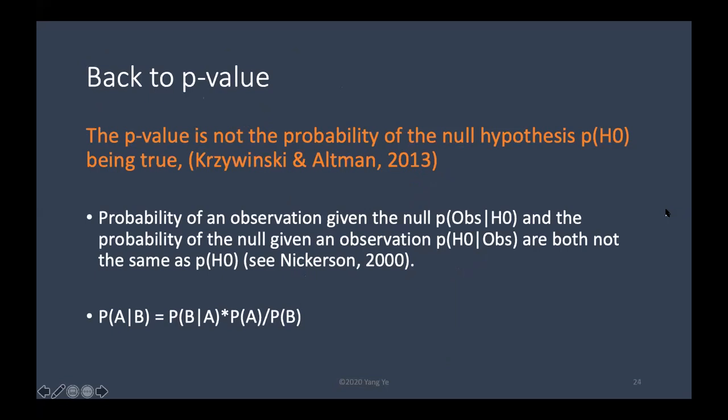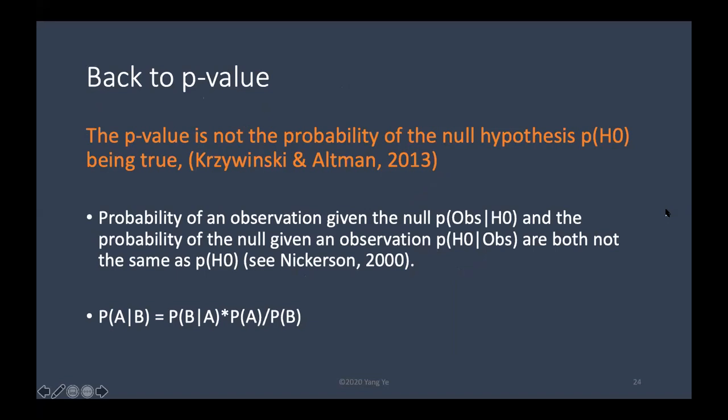So let's go back to scrutinize the p-value a little bit more. Remember at the beginning of the lecture we talked about 3 misunderstandings of p-values. But now we can know a little bit more about this. First of all, the p-value is not the probability of the null hypothesis being true.